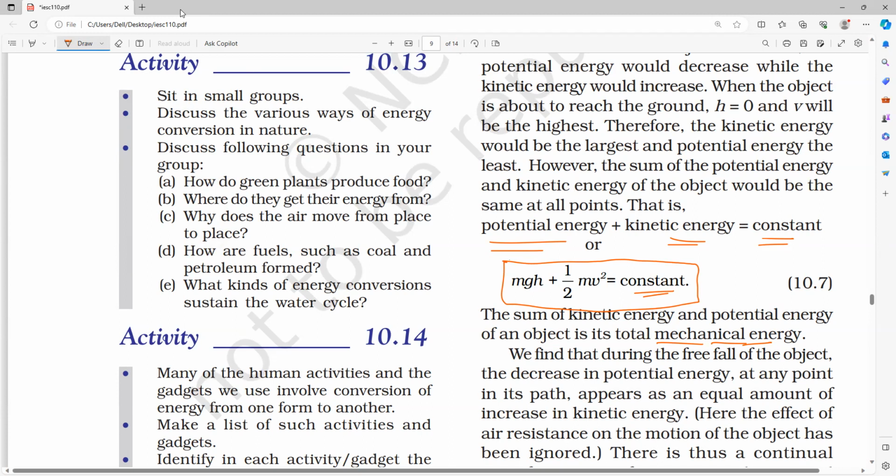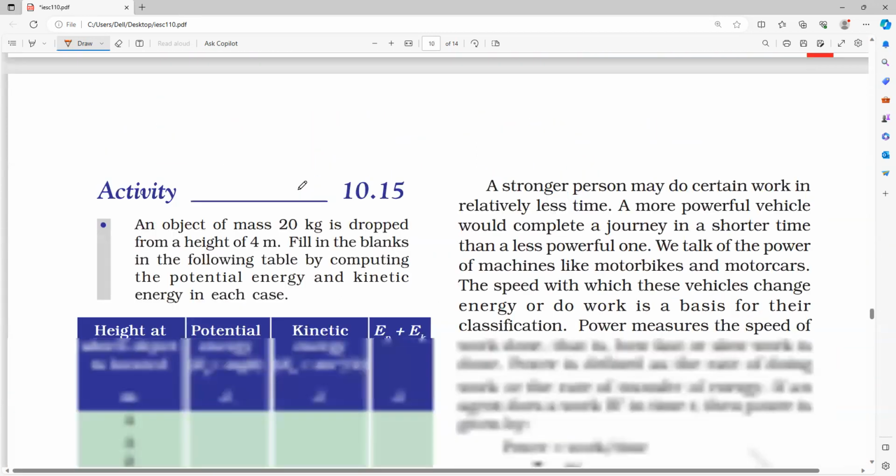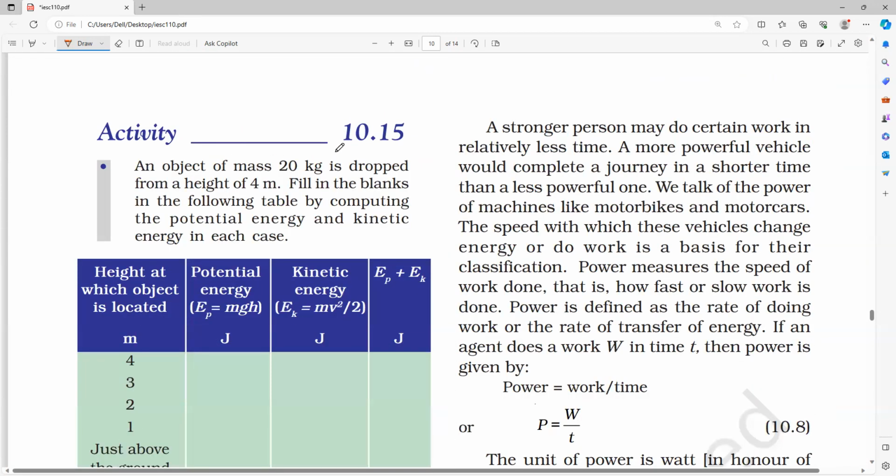Now we are going to prove how potential energy and kinetic energy are transformed, and whether the law of conservation of energy is true or not. With the help of activity 10.5, we will study that. An object of mass 20 kg is dropped from a height of 4 meters.